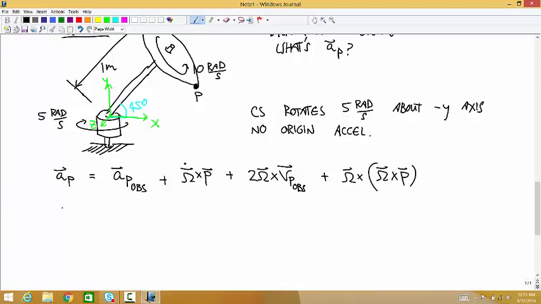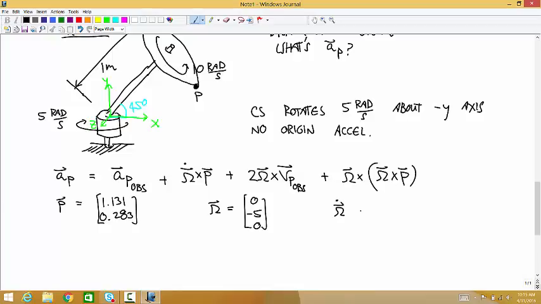And we had established that the position vector is 1.131, 0.283, and with the coordinate system we chose, capital Omega is equal to 0, negative 5, 0.